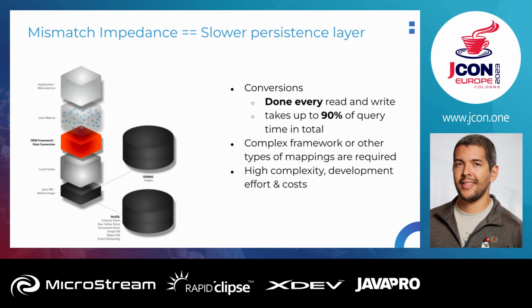So there is several research, provided by MicroStream, that said that the majority of the time a query consumes is in this conversion. So if your query took 1 second, the majority of it on the application side is because of the conversion from the relational database, serializing to Java, converting to your entities, and then returning.